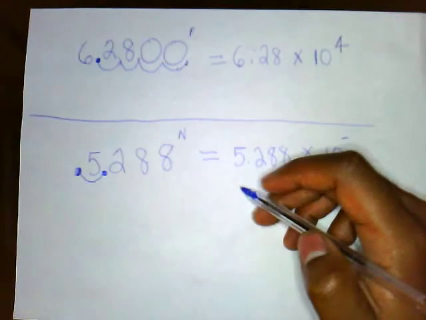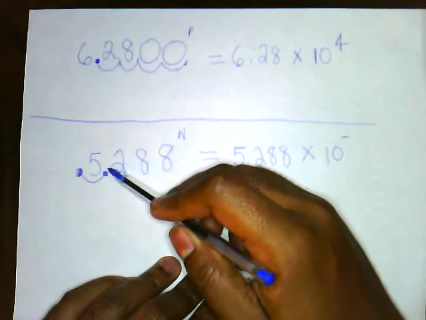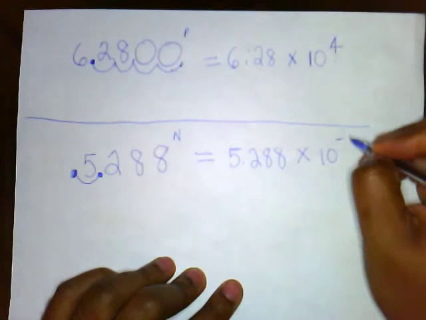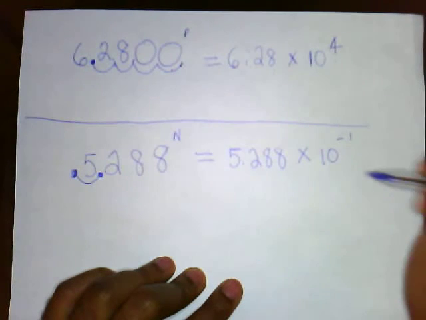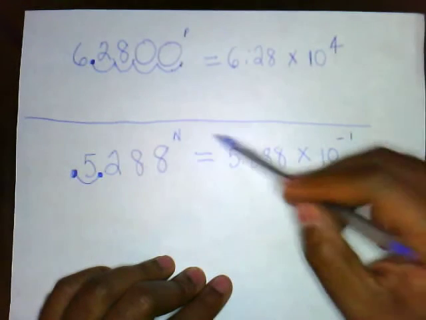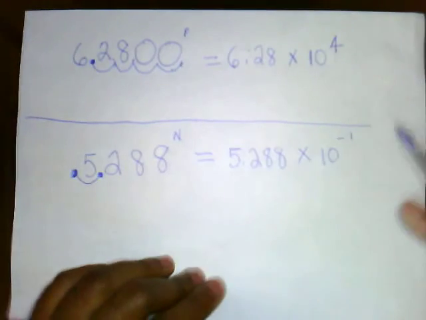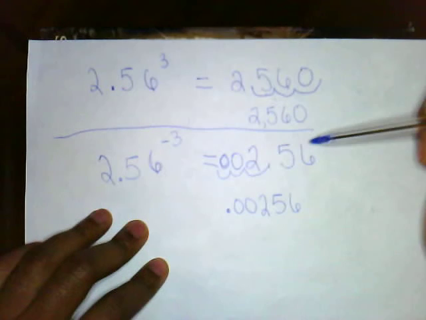Now, we come back and we say, how many places did we move? 1. 5.288 times 10 to the negative first power. That's how you turn a number into scientific, or put it into scientific notation. And on this side is where we took it and put it into standard form.